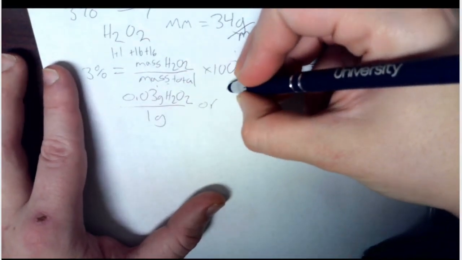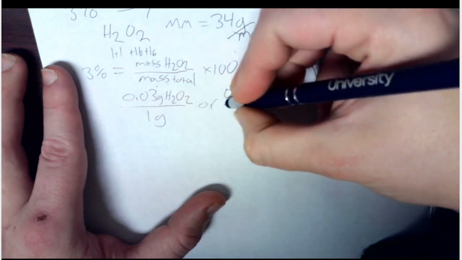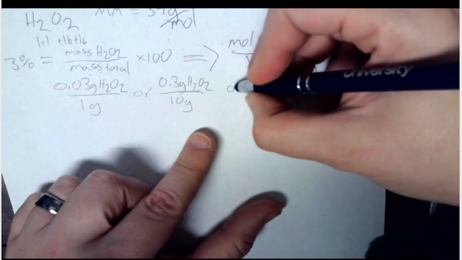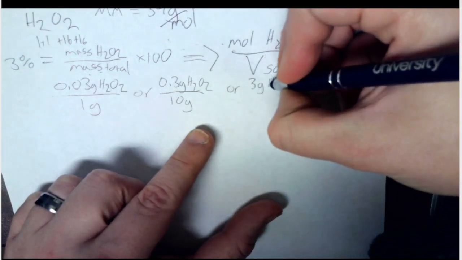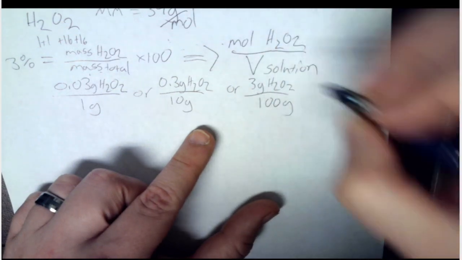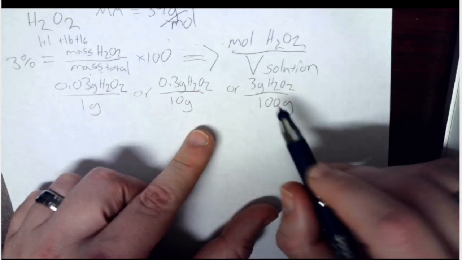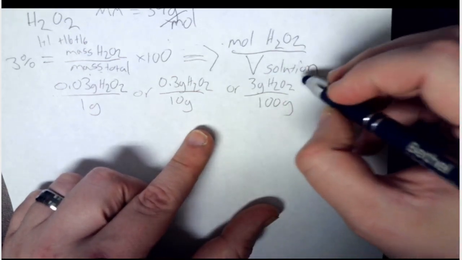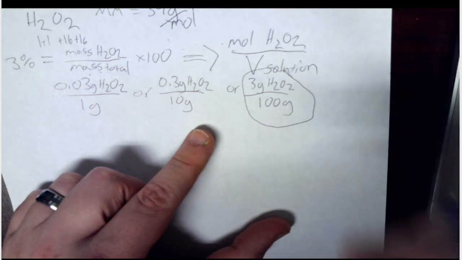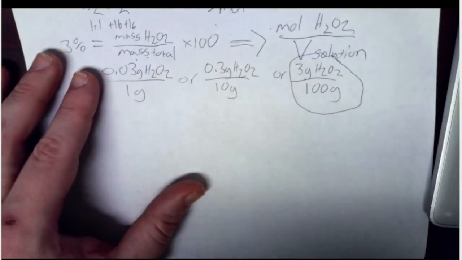Or this would also mean I have 0.3 grams of H2O2 per 10 grams. Or 3 grams of hydrogen peroxide per 100 grams. All of these give us a ratio of 3%. For the sake of my brain and yours, I'm going to stick with this ratio: 3 grams of hydrogen peroxide per 100 grams.